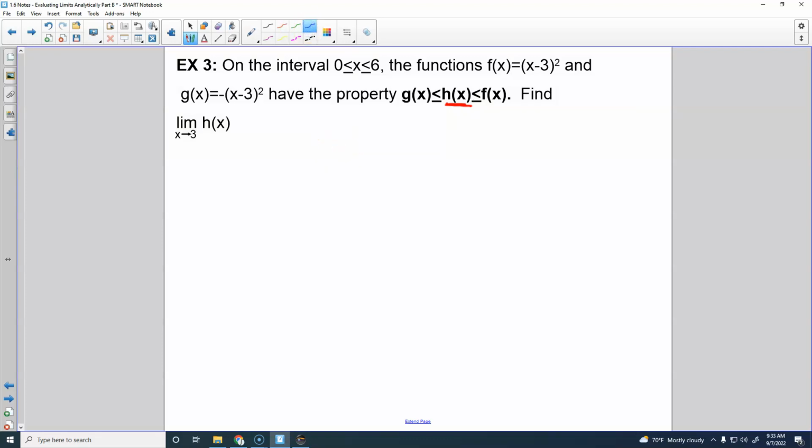So we would do the limit as x approaches 3 of g, the bottom, so let's do negative (x minus 3) squared. This is just a direct substitution, so you've got negative (3 minus 3) squared. You're just going to get 0 there. And then we would do the limit as x approaches 3 of f of x, the top function, (x minus 3) squared.